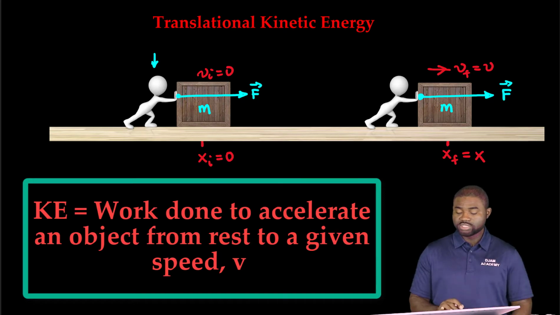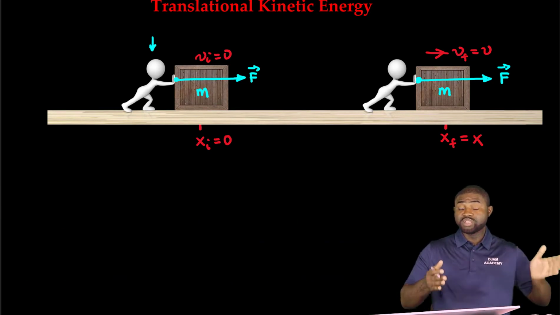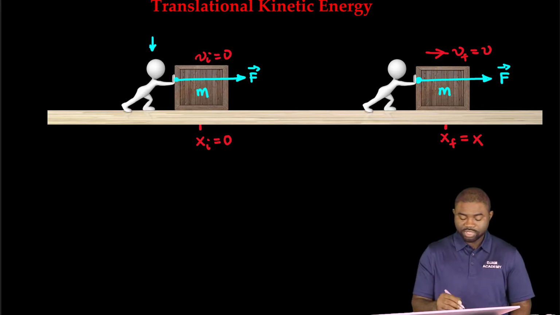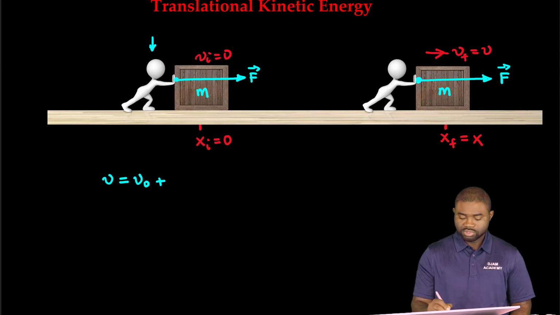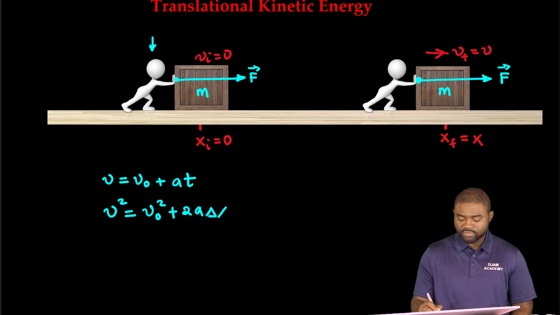Now let's analyze this critically. The object is initially at rest, so v0 is 0. We accelerate it from rest, because we've applied a force F in the direction of motion, to a particular speed v. What does that mean? v is equal to v0 plus at. Now we also know that v squared is equal to v0 squared plus 2a delta x.